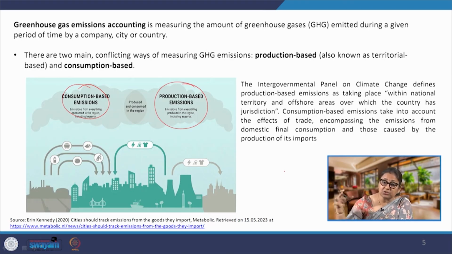So, the emissions are going to remain concentrated, but are they responsible only for those emissions, or does the responsibility also need to be put on the shoulders of others who are consuming the goods produced from here? So, that is where the second approach, which is the consumption based emission approach, is often discussed, but not taken forward because the accounting is extremely difficult.